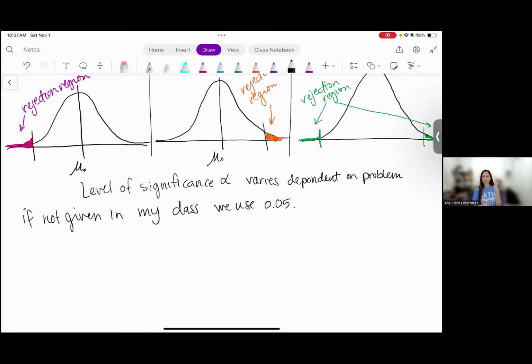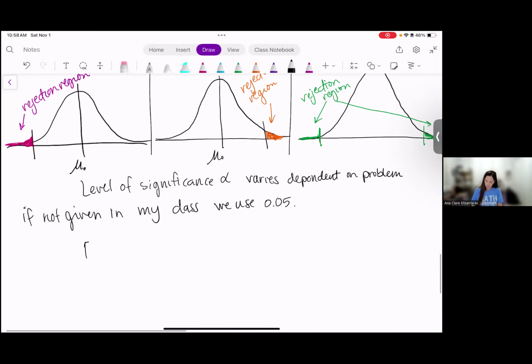Now, we always make a decision about the null hypothesis, and we always have evidence about the alternative hypothesis. So you are rejecting or failing to reject about the null only.